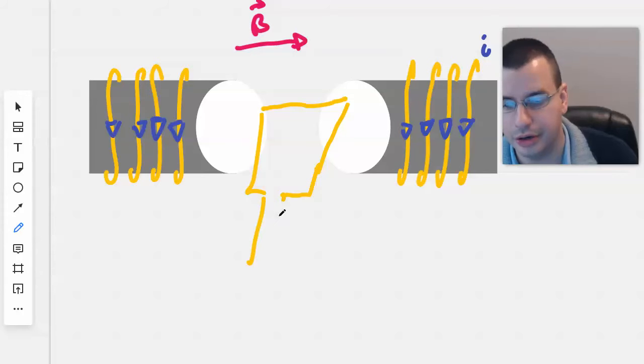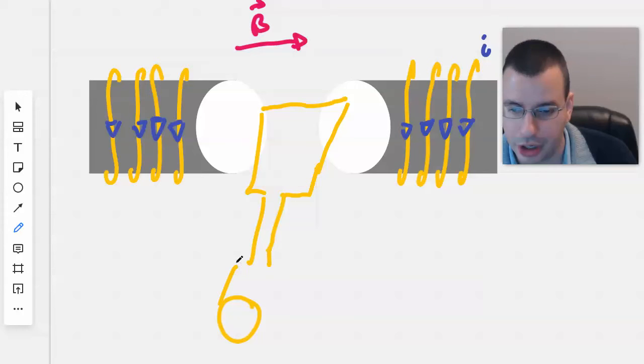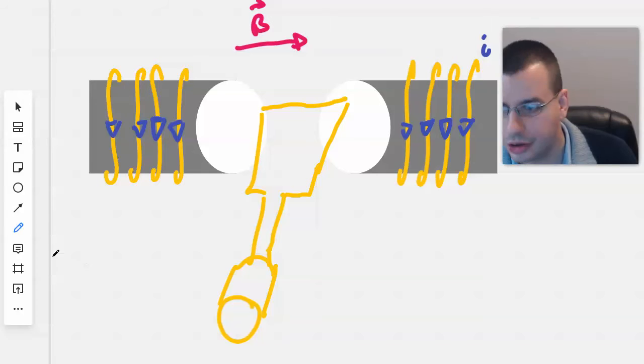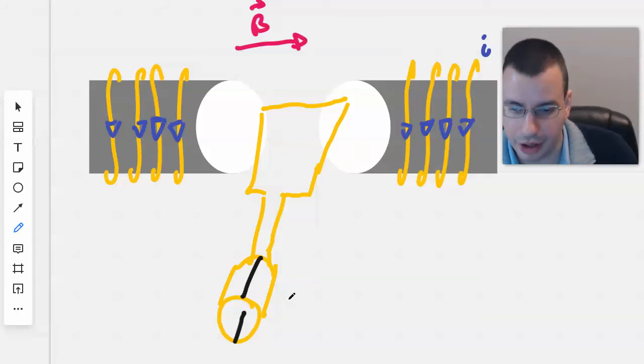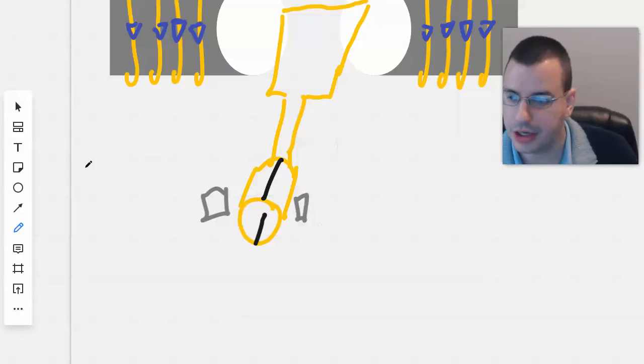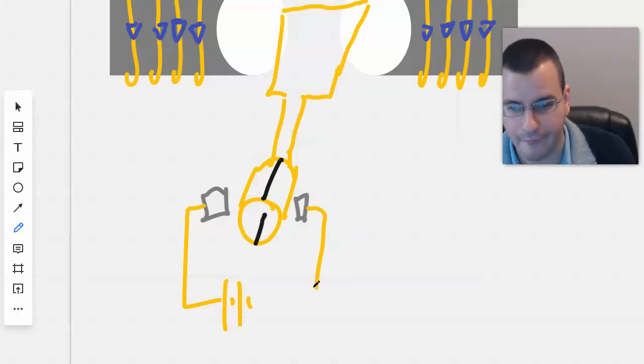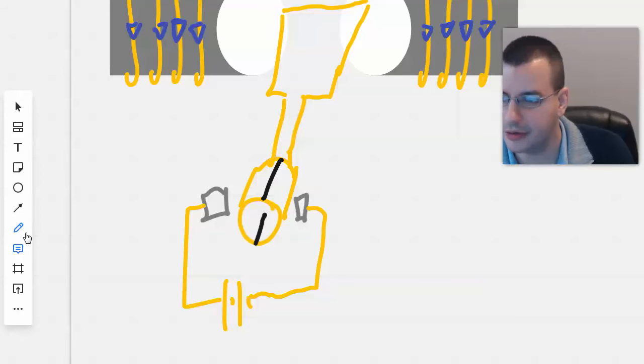Come down here, draw some sort of circle, draw another half circle, draw a line up the middle to show that they are not attached, draw a couple of blocks over here, connect these blocks to a battery. That way we get a current.